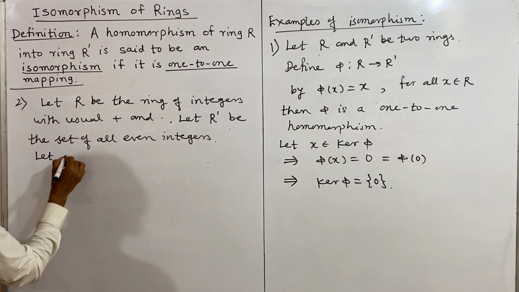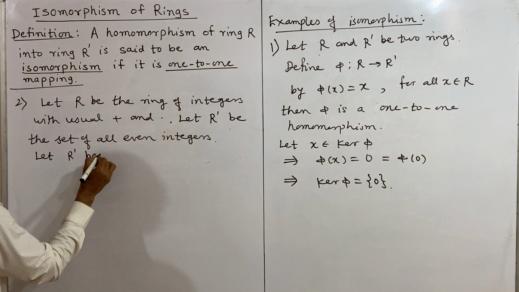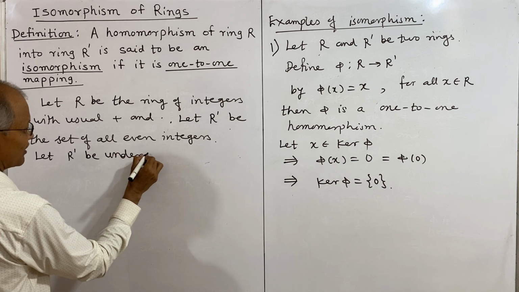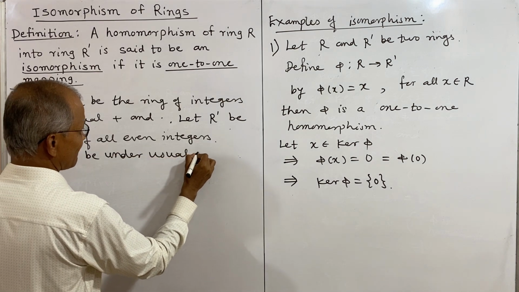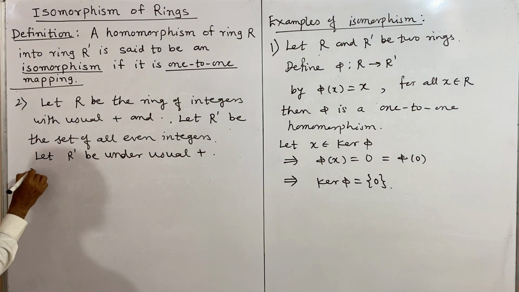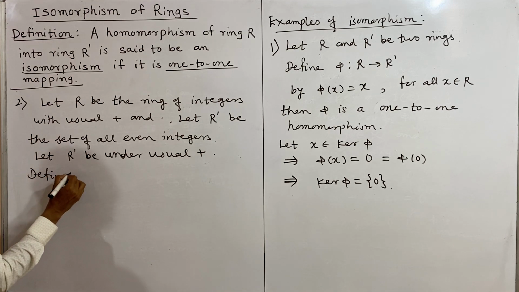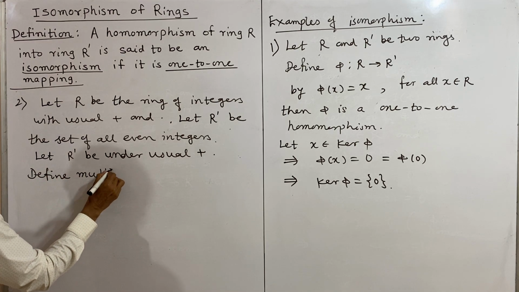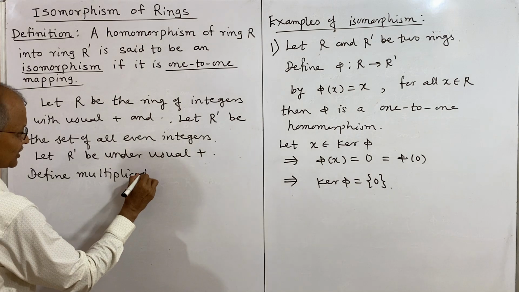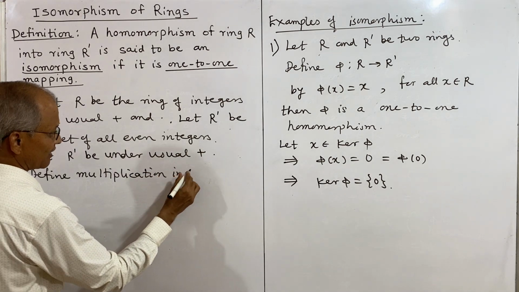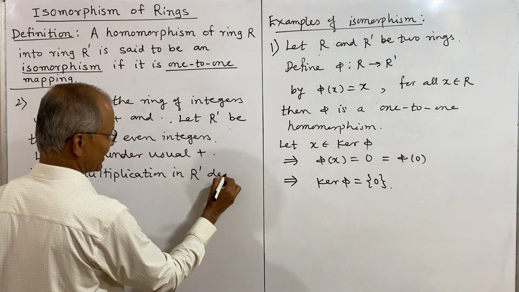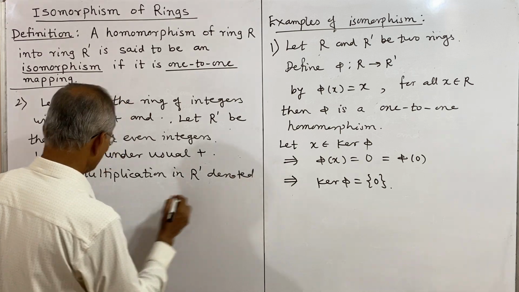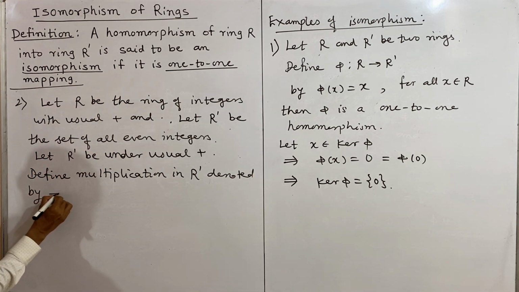Let R dash be under usual addition, under usual plus, and define multiplication in R dash. We define multiplication differently in R dash, denoted by this symbol. This is not usual multiplication.